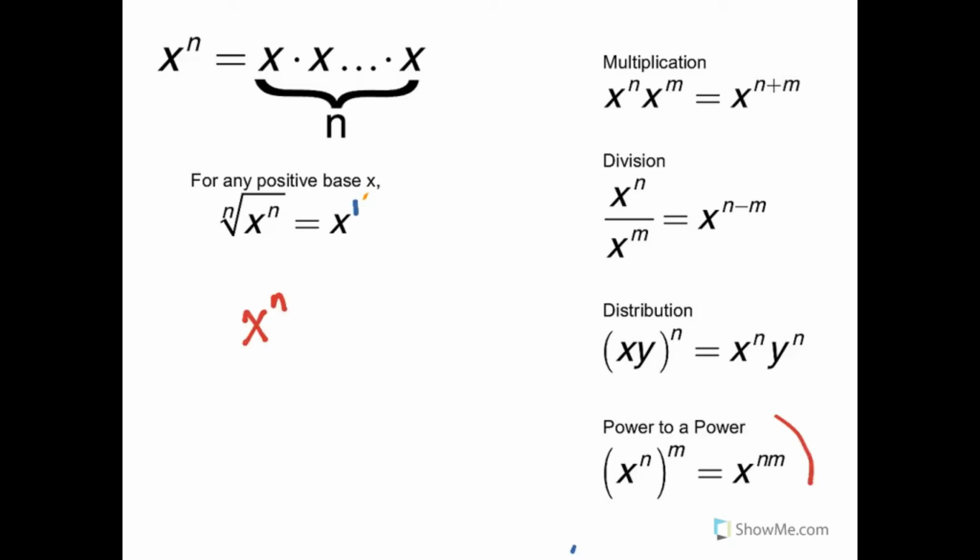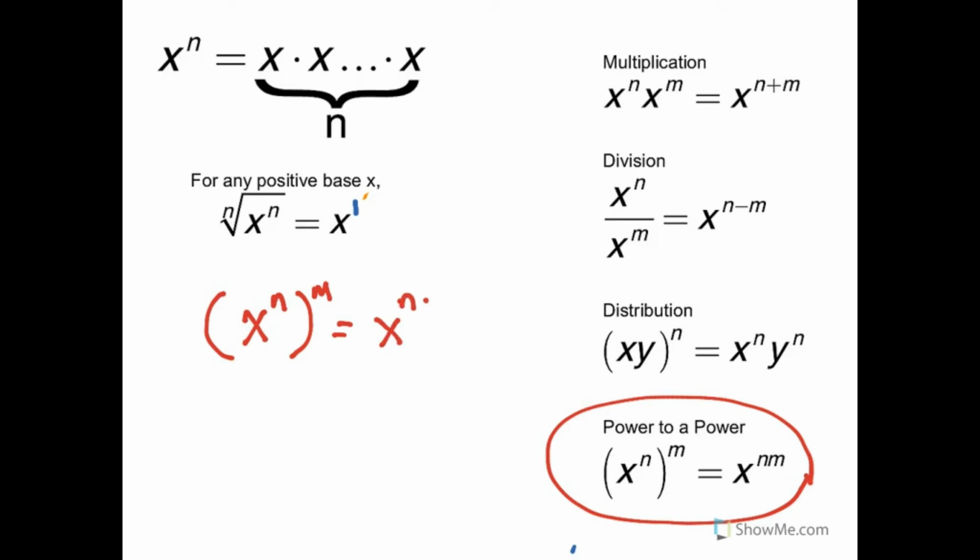If you think about the power to a power rule, it tells us that if we have x to the n and we raise it to the m power, we get x to the n times m. Well, if n times m wants to equal 1, then m should be 1 over n, because n times its reciprocal is 1. We can express the root as a fractional power.